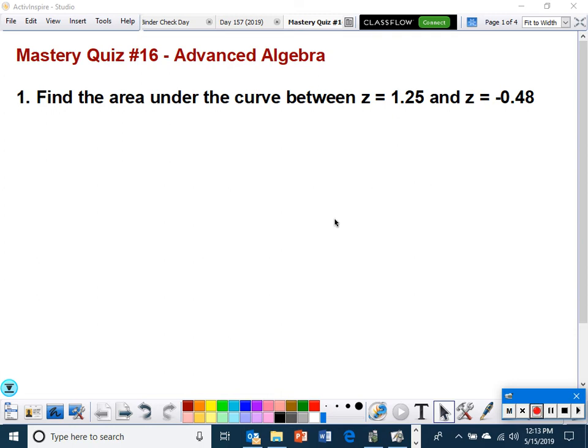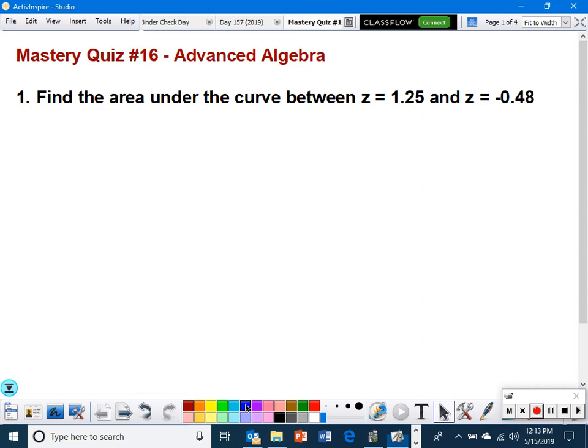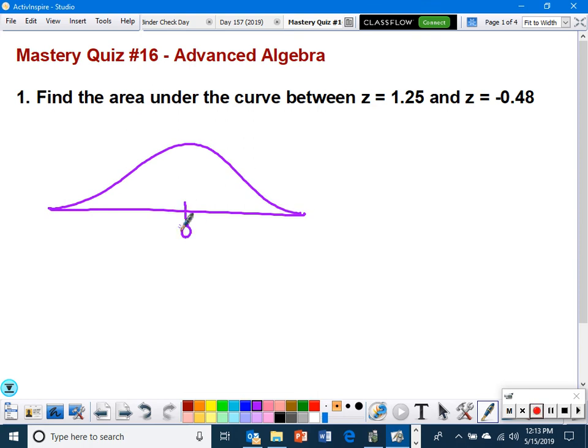All right, so we want to find the area between the z-scores 1.25 and negative 0.48. So I'm going to draw my curve. I'm just going to put the negative 0.48 and the 1.25 approximately where they would be.